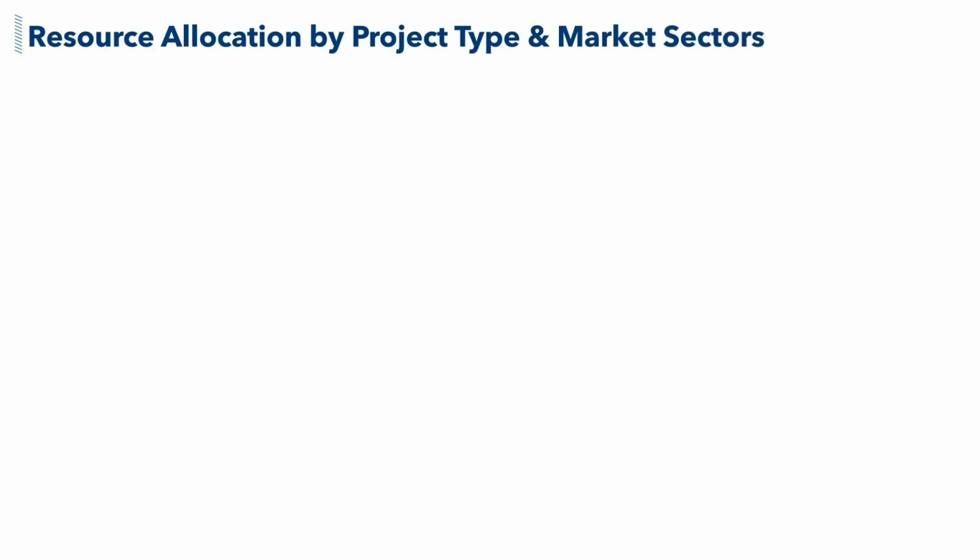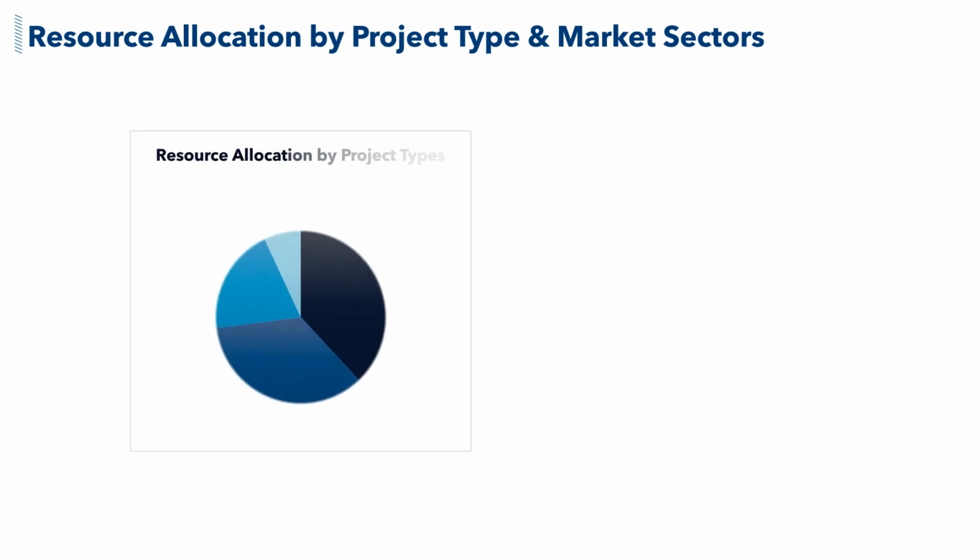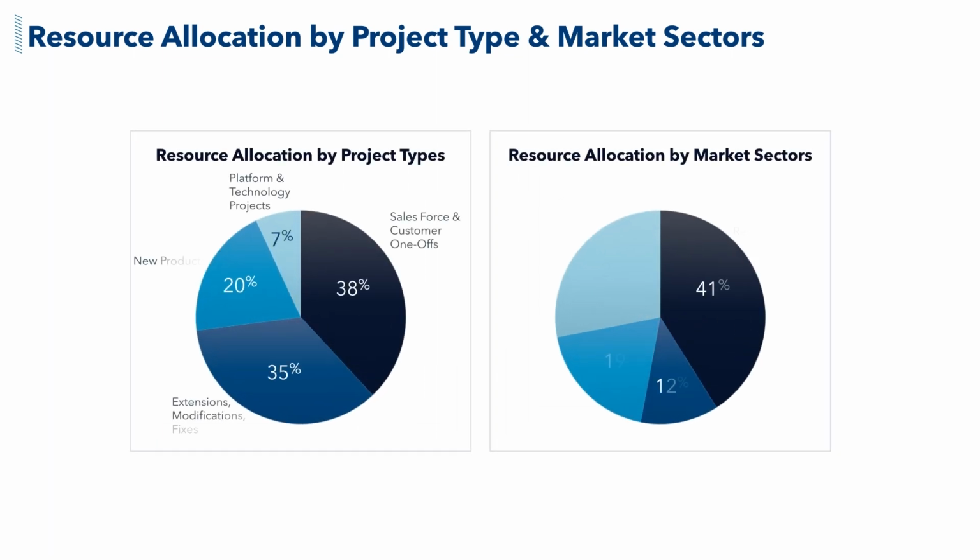The resource allocation can also be scrutinized by project types and market sectors. These pie charts point management towards strategic bucket thinking to make sure that decisions are in line with business objectives.